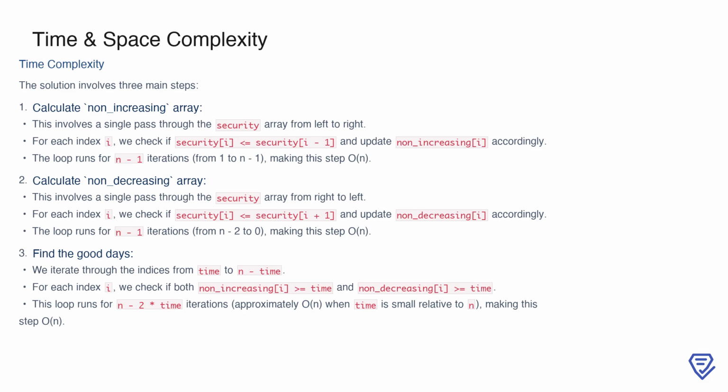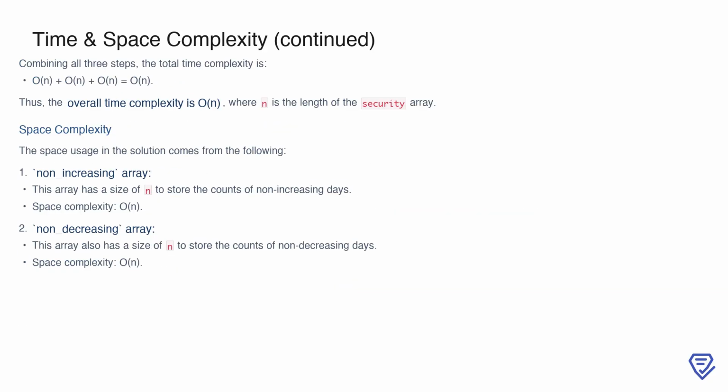This step also involves a linear traversal, making it O(n) as well. Each of these steps is independent, so their complexities add up linearly. By combining the complexities of all 3 steps, we get O(n) plus O(n) plus O(n), which simplifies to O(n). This means the overall time complexity of the solution is O(n), where n is the length of the security array.